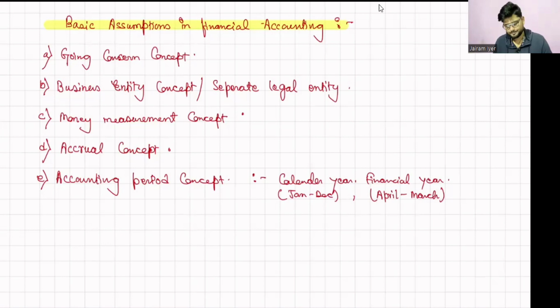Accrual concept is where we recognize both cash and credit transactions. And accounting period concept simply says that we know business is going to run for an indefinite period, but there has to be a fixed accounting cycle, after which you have to prepare reports and provide them to others so as to know the overall profitability and performance of the business. Correct? I can move ahead.